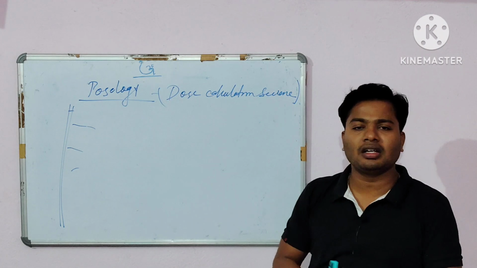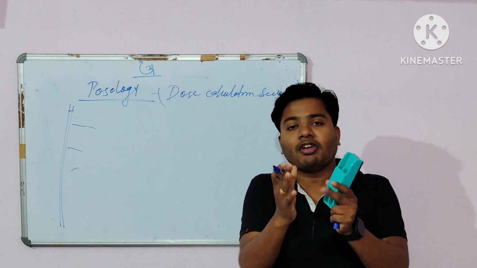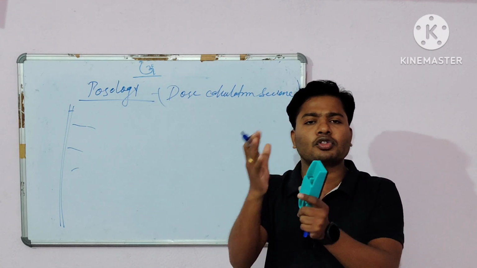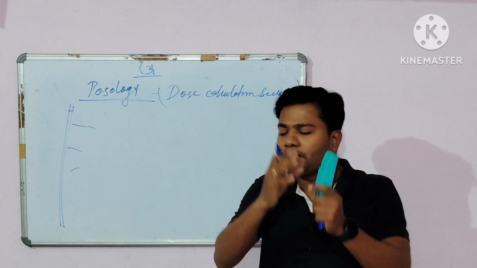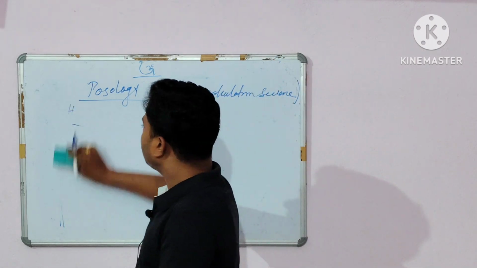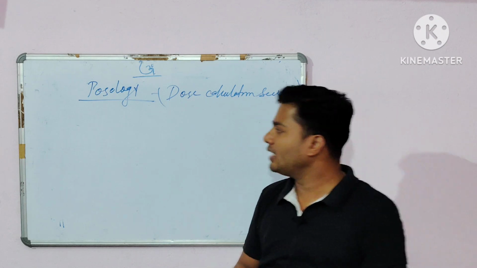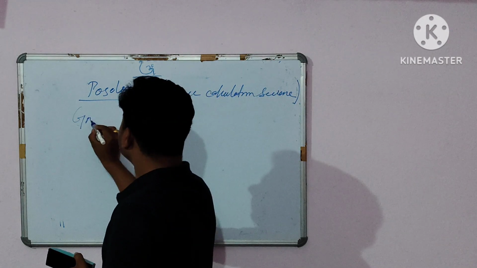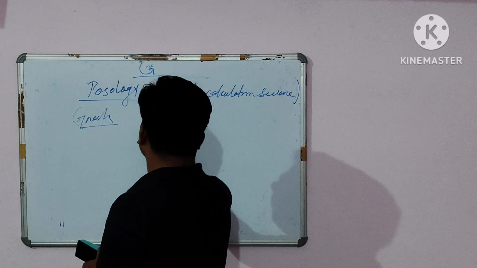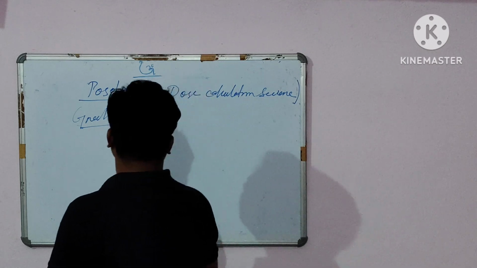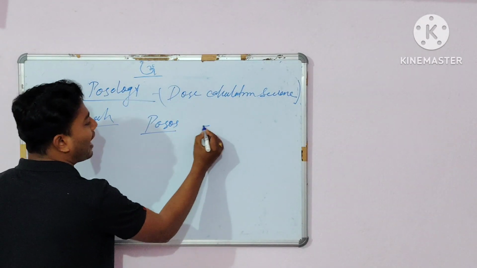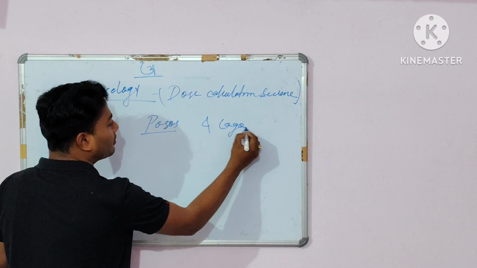So now come to the point. What is posology, what is the definition of posology, and where is the word derived from? First of all, you should know the word posology is derived from two Greek words, posos and logos.